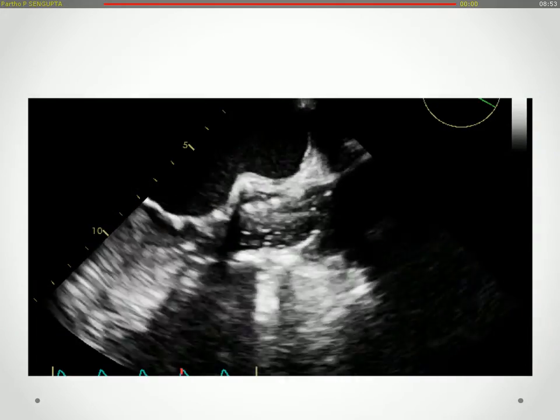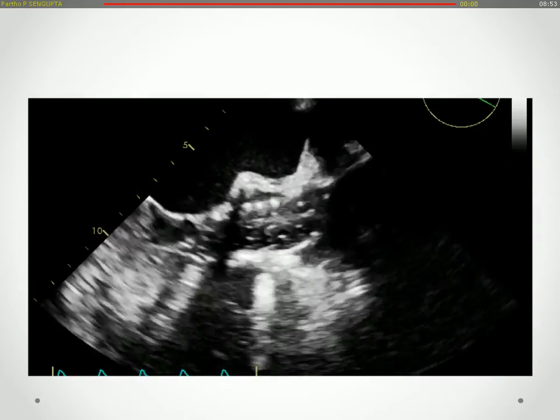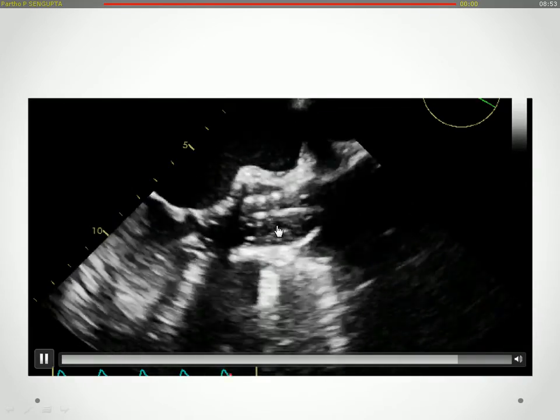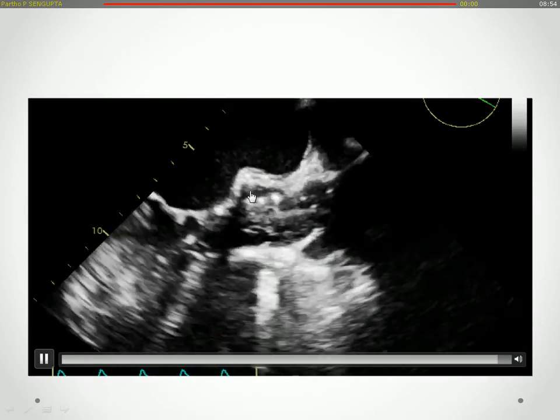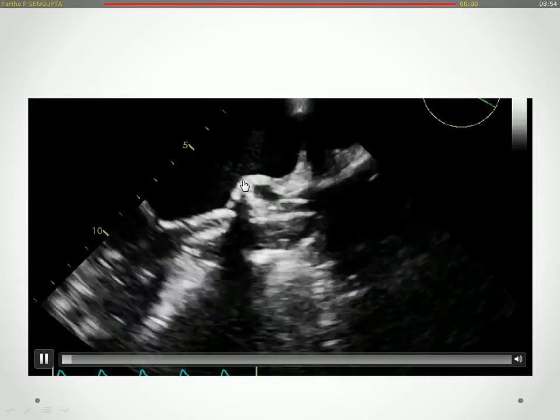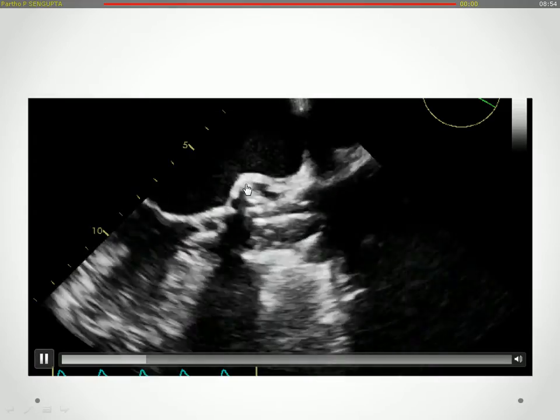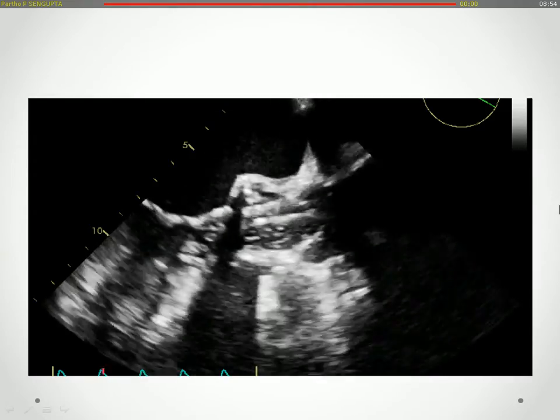And the other reason why the calcium is a very dynamic and challenging situation is sometimes when you see this balloon valvuloplasty being performed, you see these calcific spurs indenting and creating an atmosphere which will be prone to cause trauma.